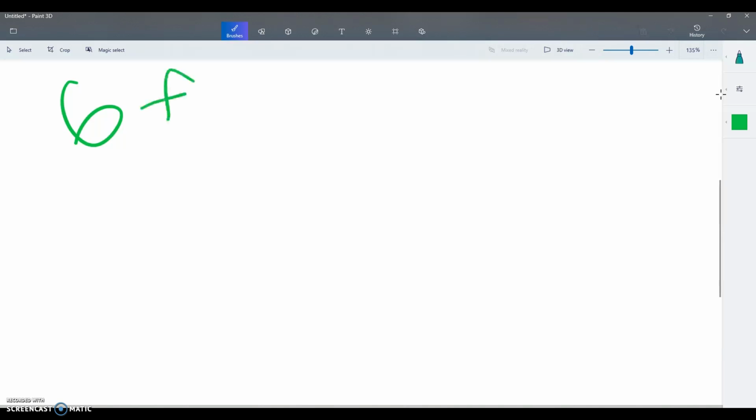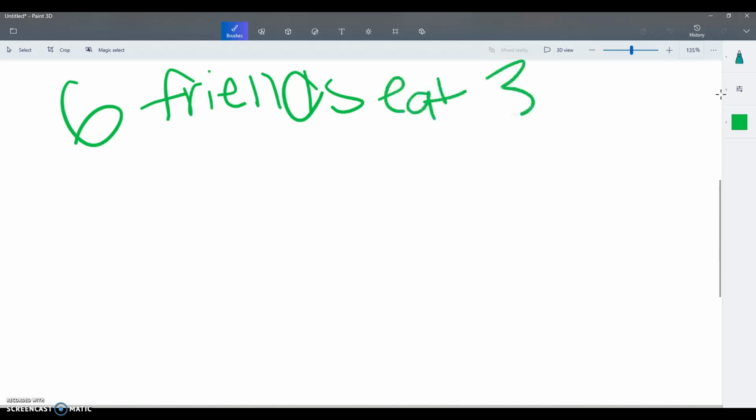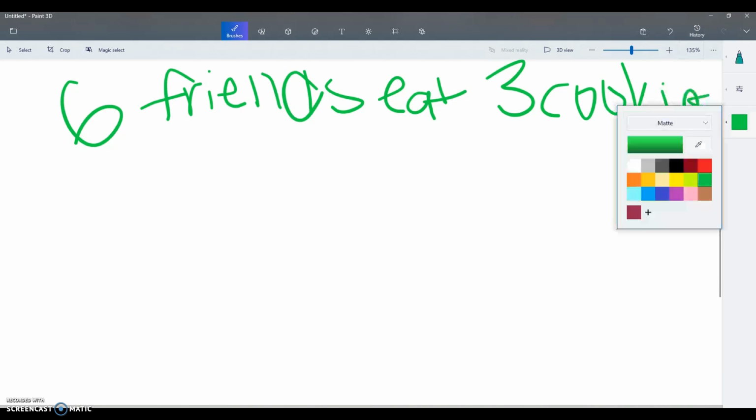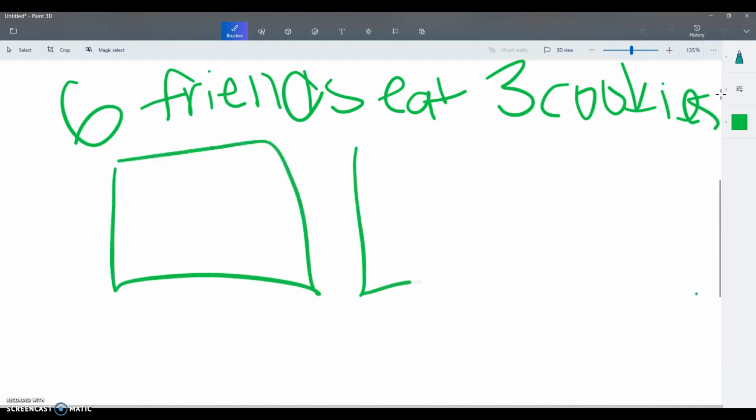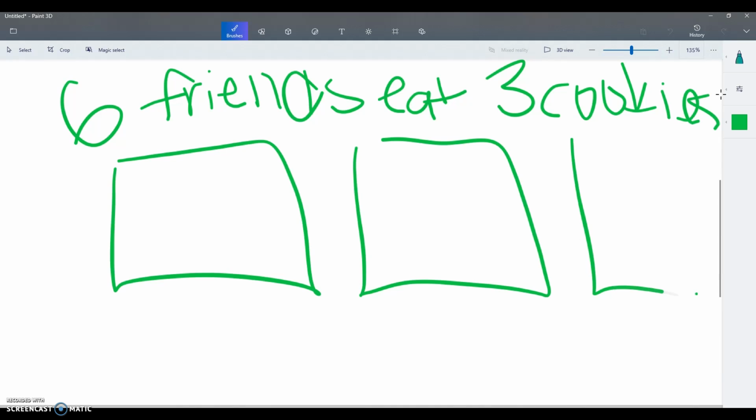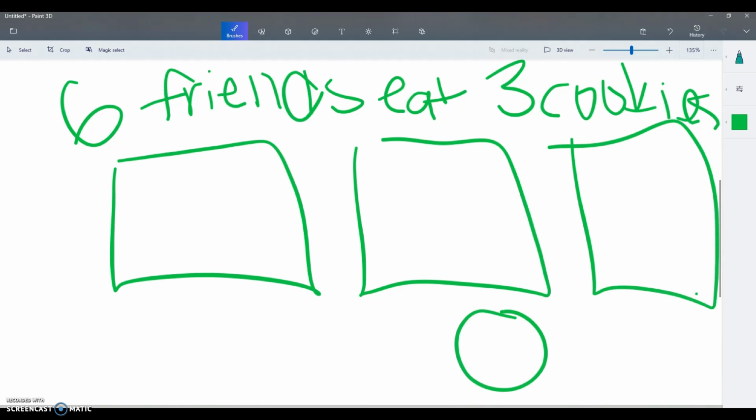6 friends eat 3 cookies. So you have to draw 3 boxes, which is easier than drawing cookies. When you draw cookies right here, it's gonna be like 1, 2, 3, 4, 5, 6.